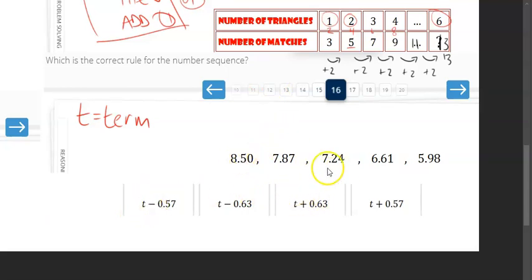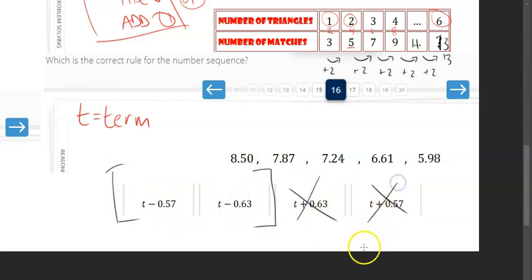So we know from left to right, we're going down. So it either has to be one of these two answers here, because we're not adding any terms, unless the question goes up from left to right, then we're adding. But in this case, we're minusing.